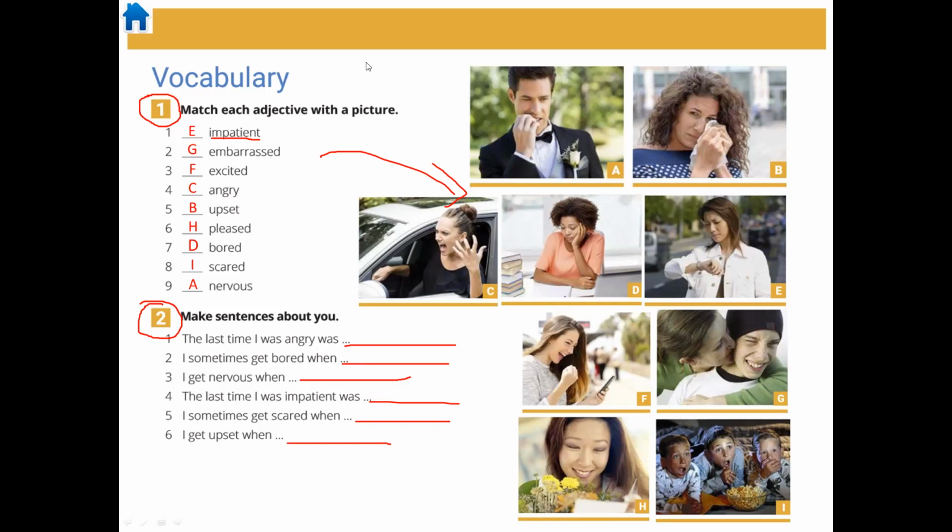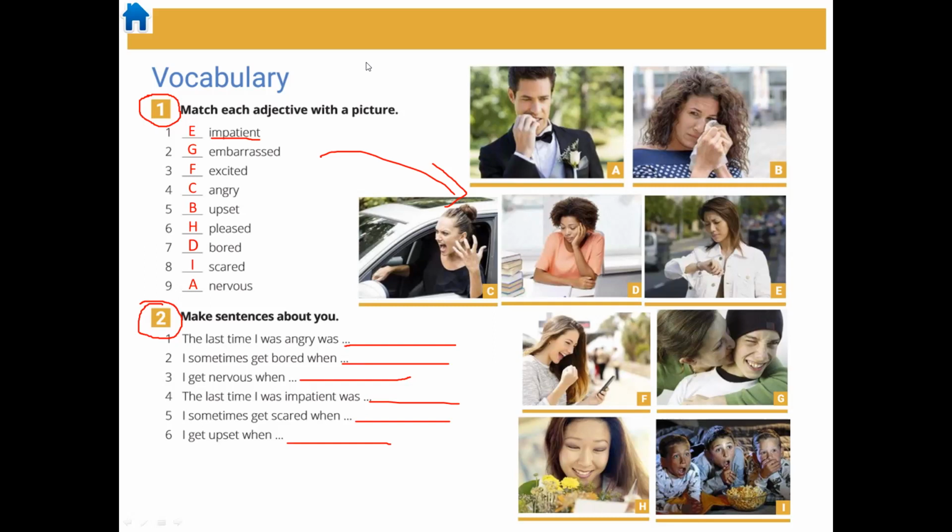Now for each picture, we're going to add he's, she's, or they're. So, picture A, he's nervous. B, she's upset. C, she's angry. D, she's bored.